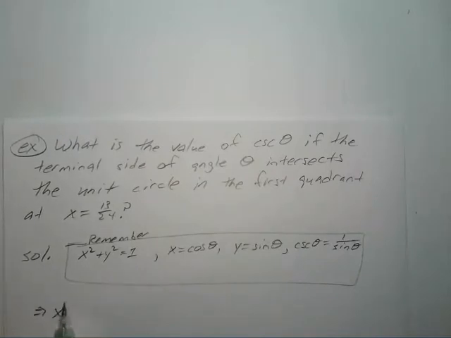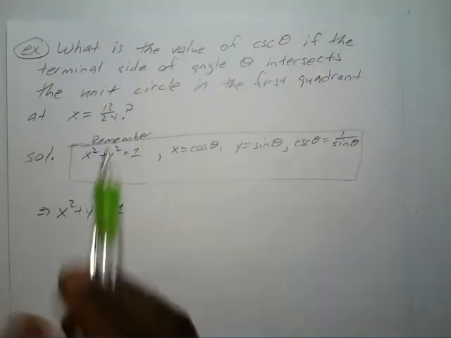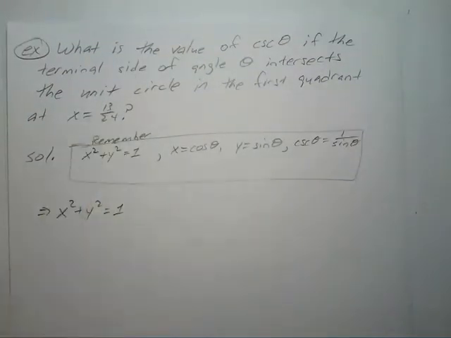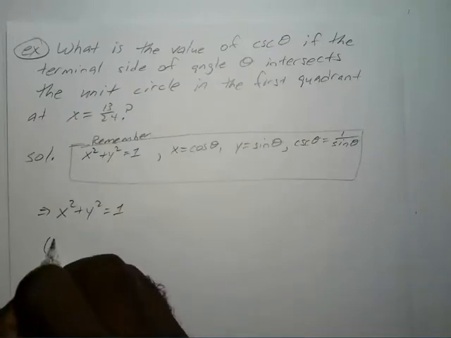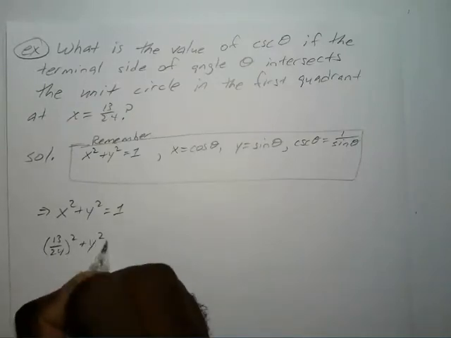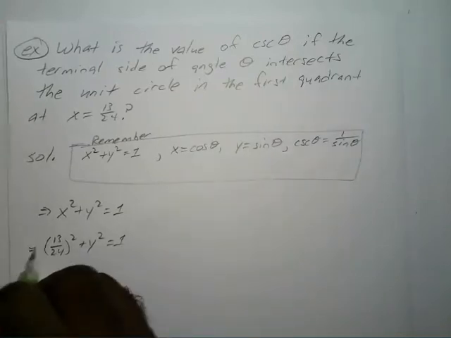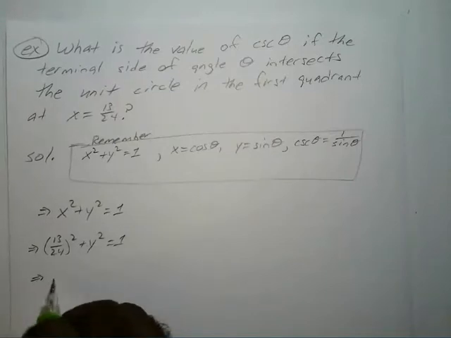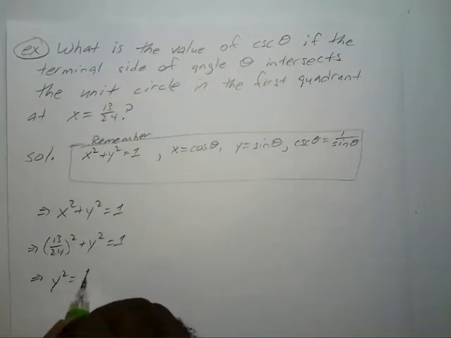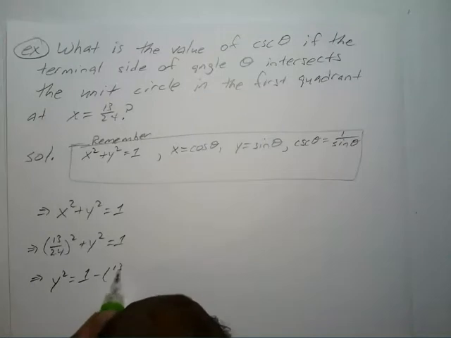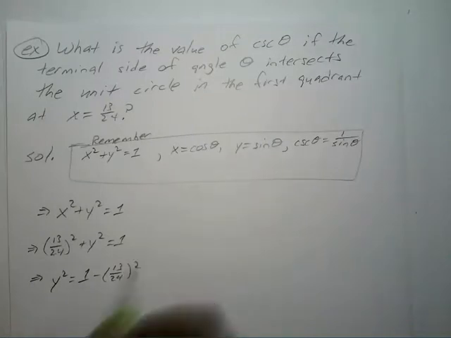So, since x squared plus y squared equals 1, move that up. And we know that x is equal to 13 over 24. It's 13 over 24 squared plus y squared equals 1. Okay, so if we subtract that on both sides, we have y squared equals 1 minus 13 over 24 squared.